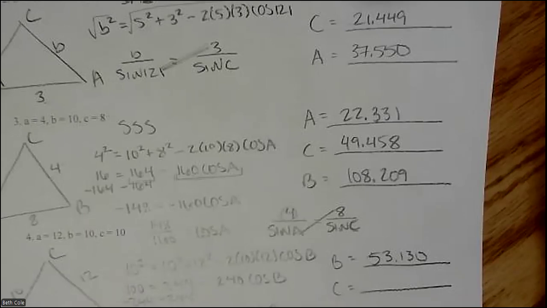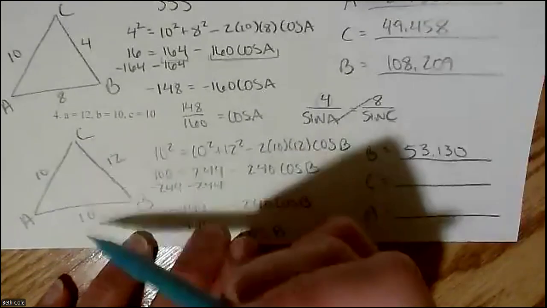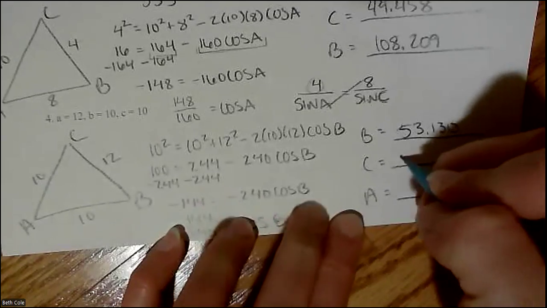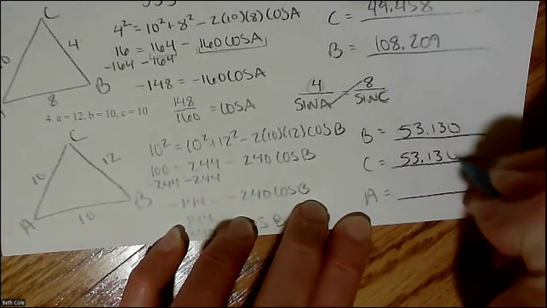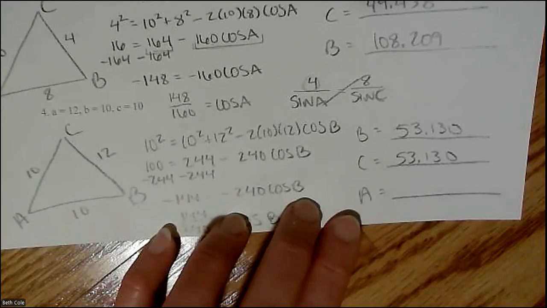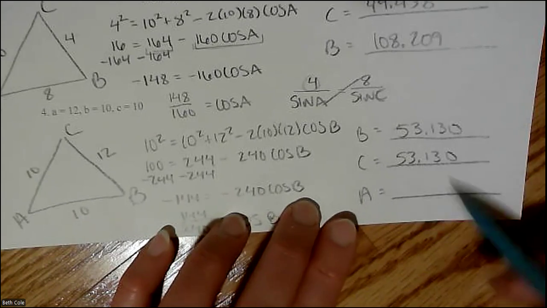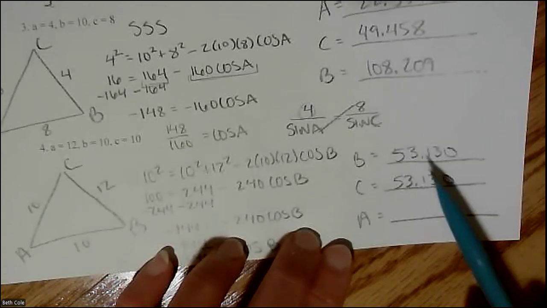And because, again, side B and side C were the same, or congruent, angle B and angle C are also congruent. So to get angle A, you just subtract from 180, but you subtract this number twice.